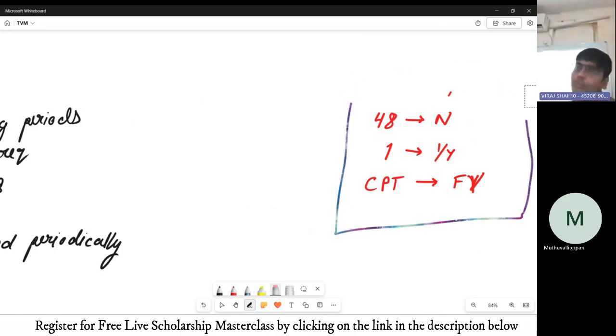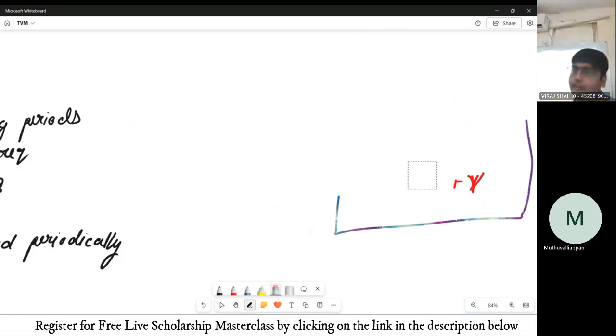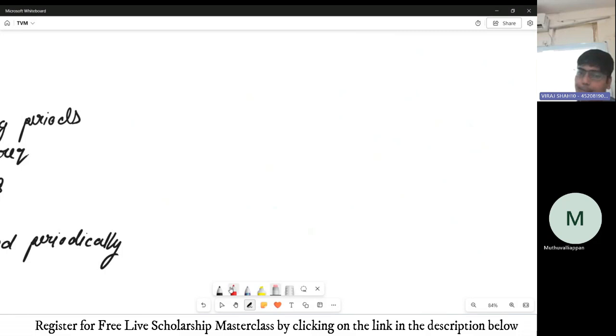So this was how you compute future value of an investment. मैंने heading डाला था future value and present value. Now we will see how to compute present value. This was future value of an investment. ठीक है? Now we compute how to compute your present value.